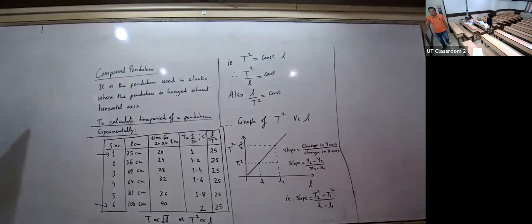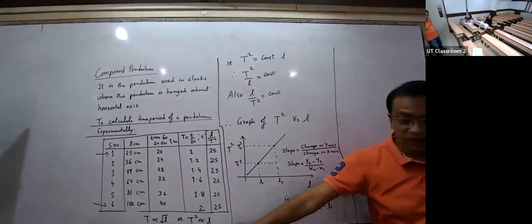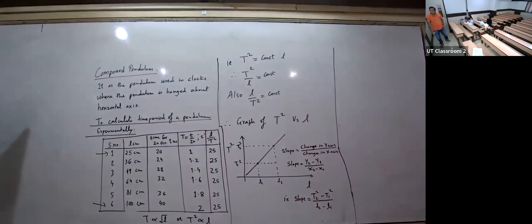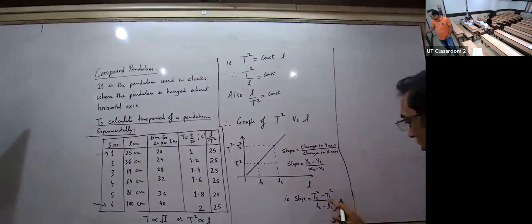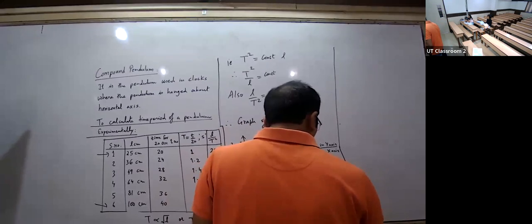It will become clear in a minute why we are doing all this. Basically, we want to be able to calculate time, right? But one dependency of time we have found out. It is on length of the pendulum. There is another dependency which is on gravity at that place, right? So this slope is found to be equal to 4 pi square upon g.